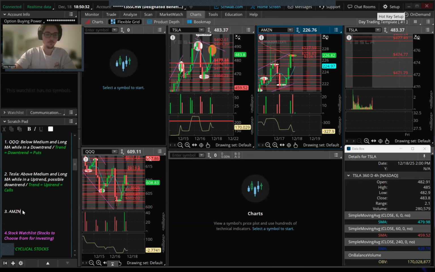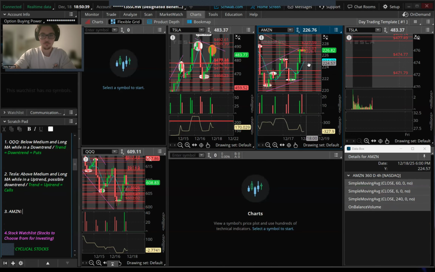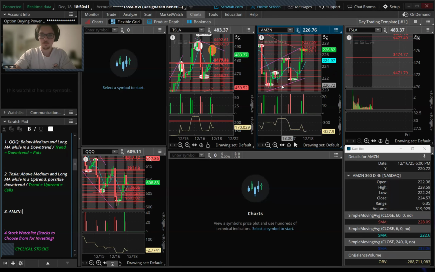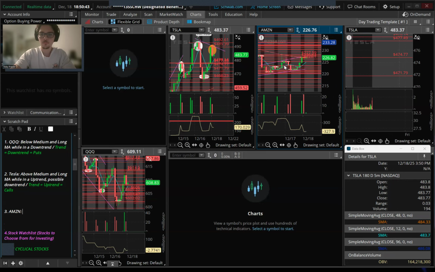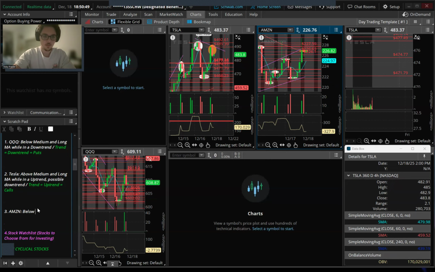So Amazon is below the medium and above the long MA while in an uptrend.